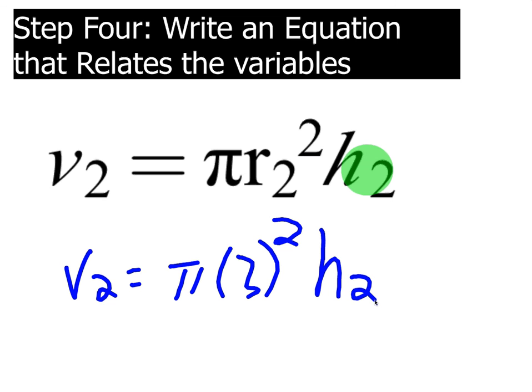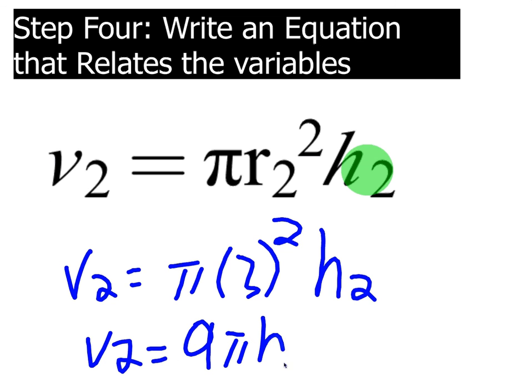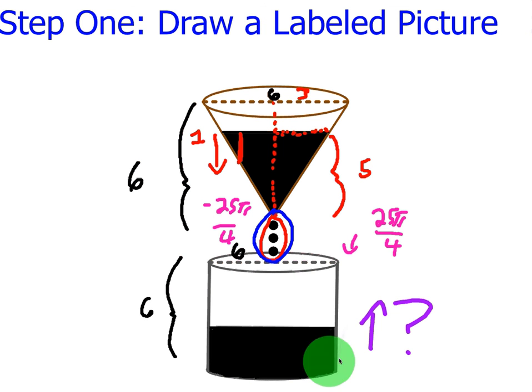Now the level will rise, right? So we can't plug anything in for H. But when we simplify this down, we have V2 equals 9 pi times H2, which represents the height of the coffee in the cylindrical coffee pot.